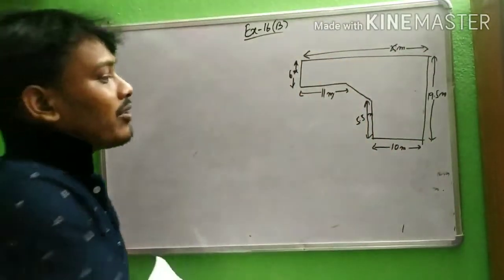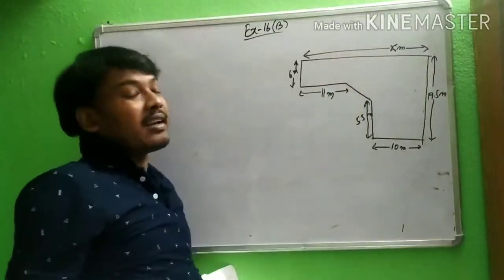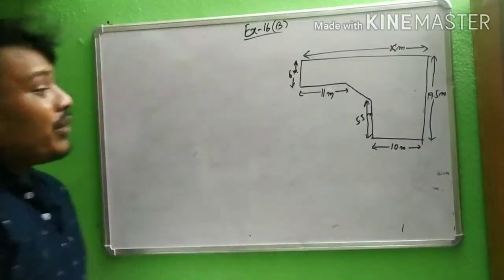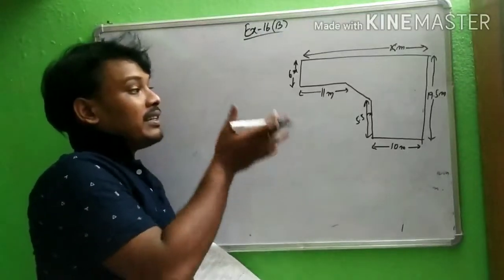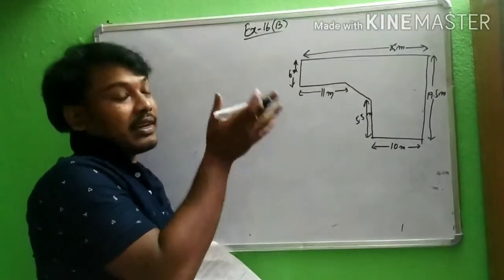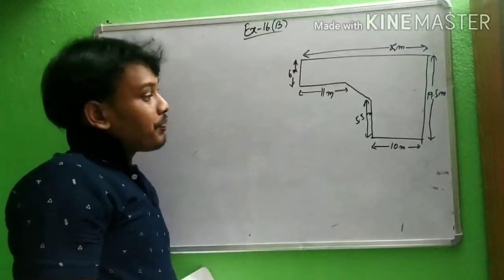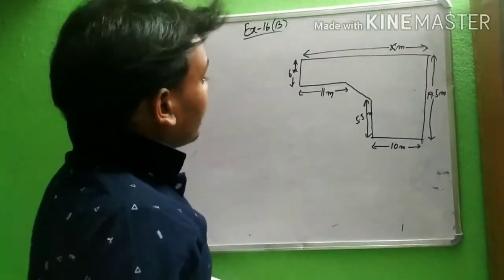So we cannot find the area of this polygon directly. So we divide the figure first in this way, such that for each and every part we can find the area by using a formula.